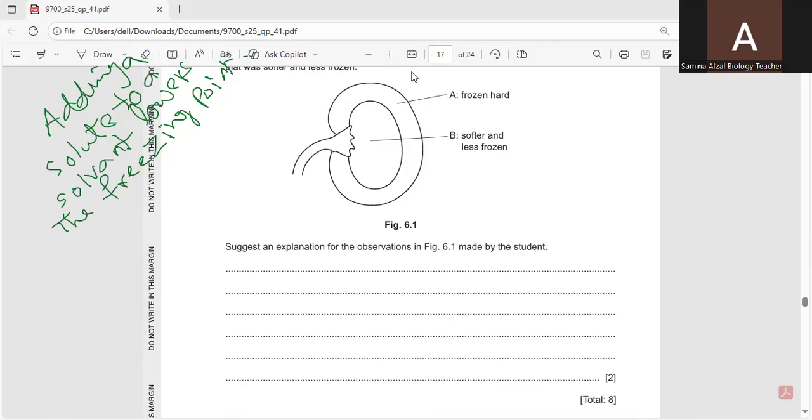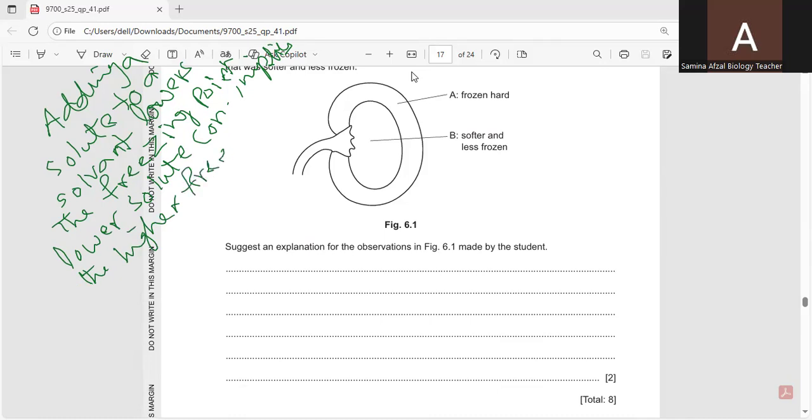And with lower solute concentration, there will be a higher freezing point. Lower solute concentration implies a higher freezing point.